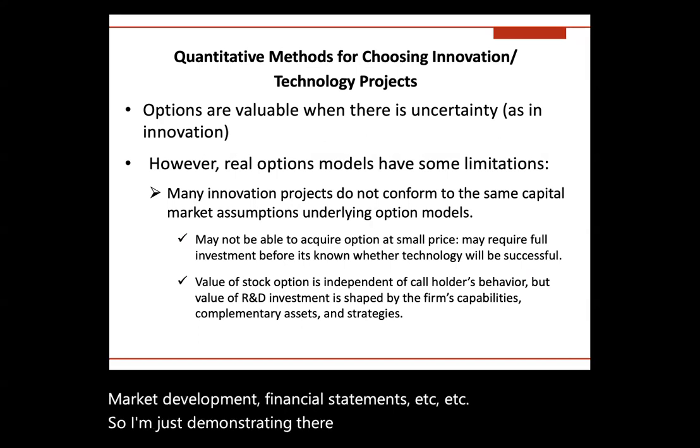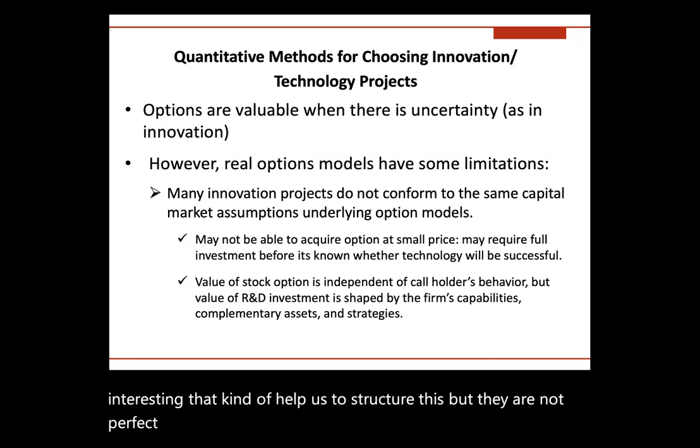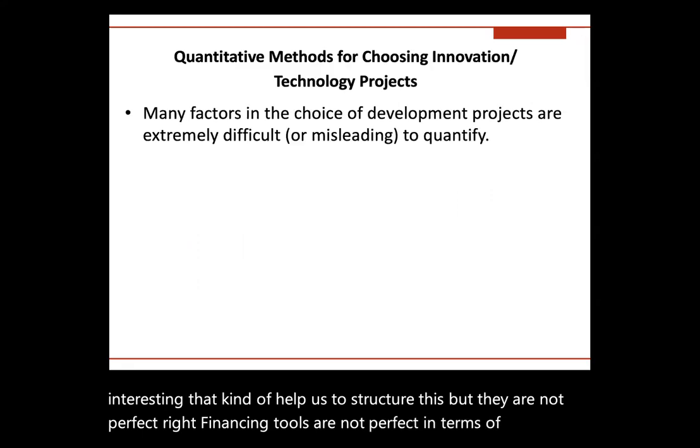There are some tools here that are quite interesting and help us to structure this, but they're not perfect. Financing tools are not perfect in terms of trying to pick innovation projects.